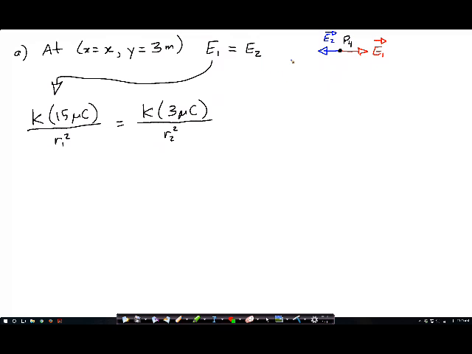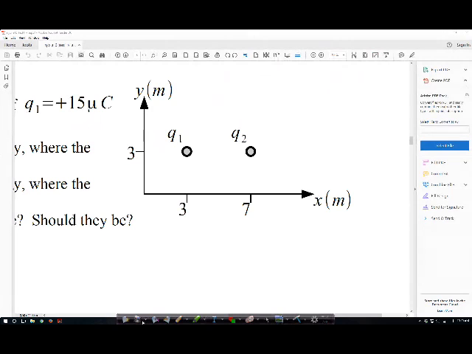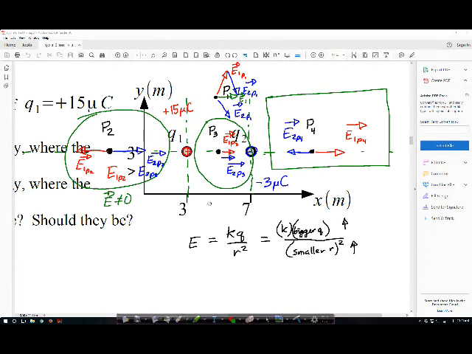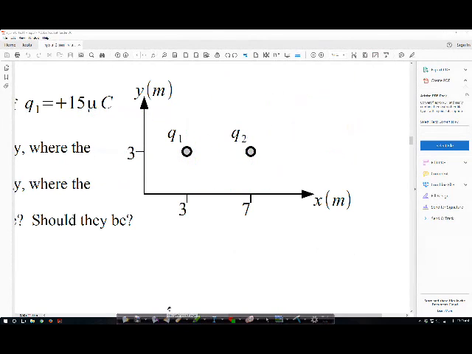And then remember, we were closer to the negative charge and farther from the positive charge. If I show this diagram again, then P4 is to the right.